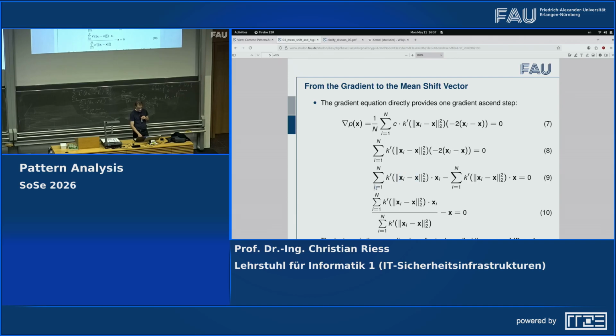From i equals 1, the sum goes over all n points, all n observations, here on the left side, and also this sum here goes from 1 to n, right?